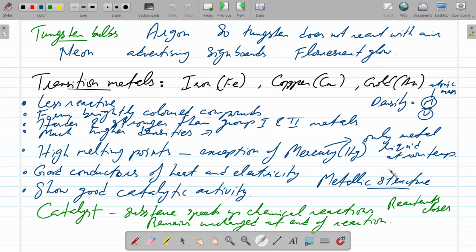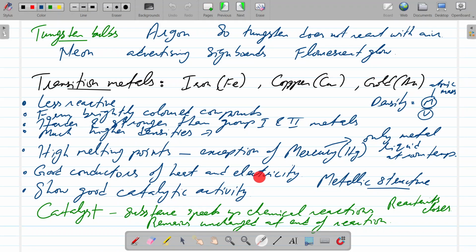The metallic structure has more delocalized electrons and is more strongly attracted to each other, and that's what makes them harder and stronger. They have high melting points except for mercury, which is liquid at room temperature.